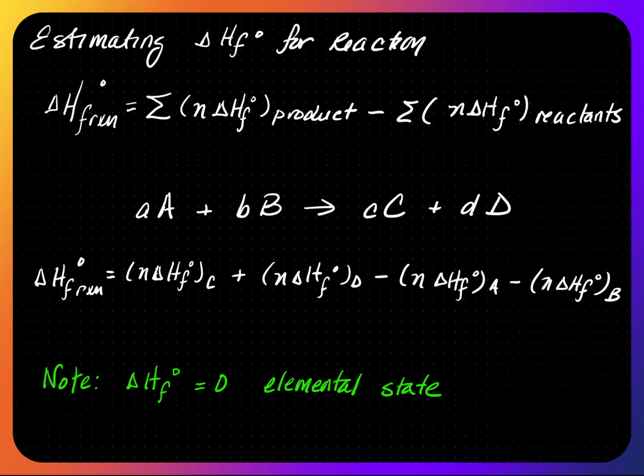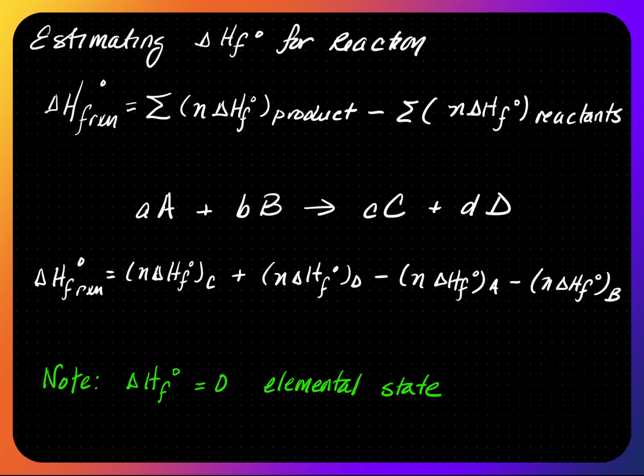So if I have a general equation in which the coefficients are the small letters and the elements or compounds are the capital letters, the general equation that we have will be the moles of C times the delta HF naught of C, the moles of D times the delta HF naught of D, and these will be added.